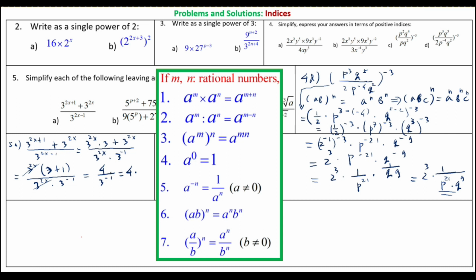Here 1 divided by 1 over 3 becomes 3. So minus 1 becomes plus 1. And so the final result is 4 times 3, which is 12.